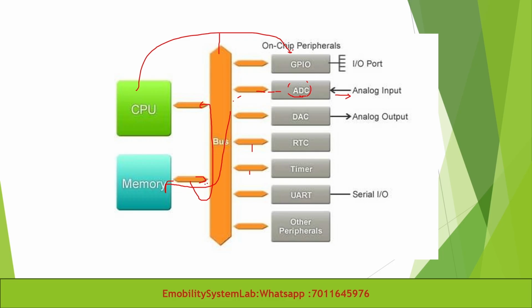This way the data is stored inside the memory, and the CPU will take data from memory through a bus. Similarly, all the peripherals, CPU and memories will connect like this.